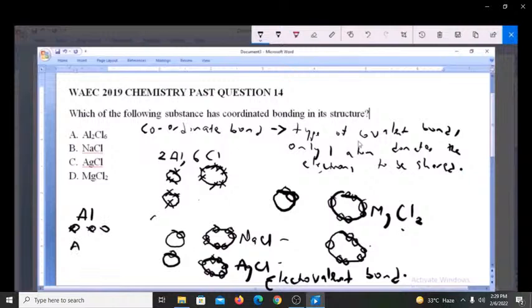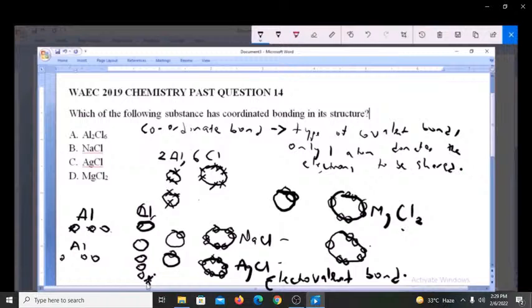So you have another aluminium with 1, 2, 3, and you have 6 chlorine atoms to receive electrons. They will be shared, and all will come from the 2 aluminium atoms.